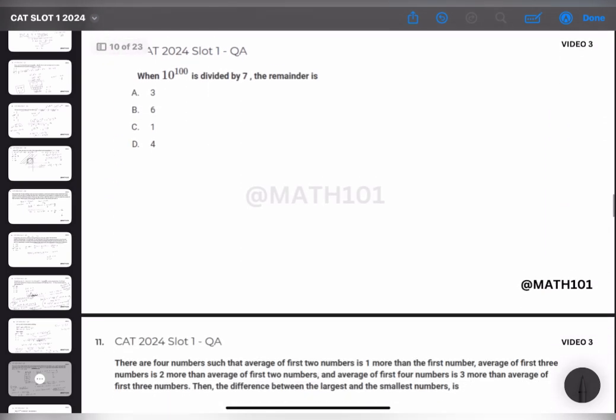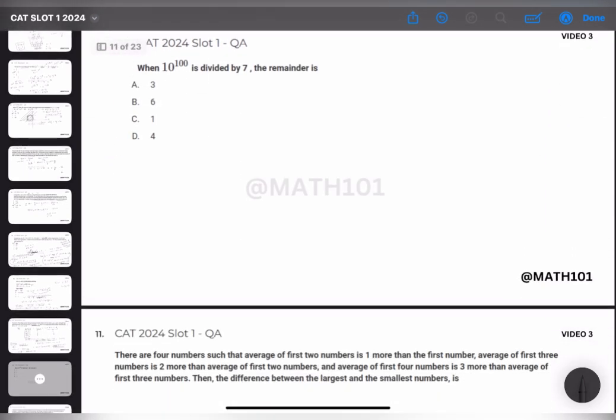Moving on. As seen in both slot 2 and slot 3, there was this kind of question. We'll again check for a pattern. 10 to the power of 1 leaves the remainder 3. 10 to the power of 2 leaves the remainder... So instead of dividing 100, we'll just find the remainder that 3 into 10 leaves when divided by 7. 3 into 10 is 30, which when divided by 7 leaves the remainder 2.